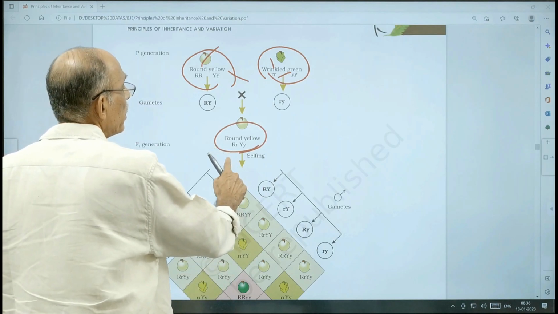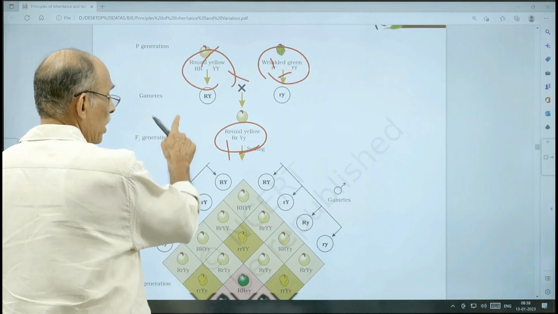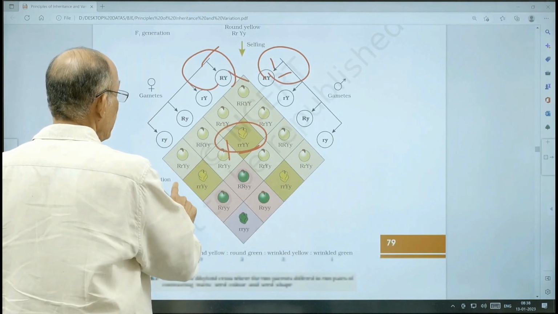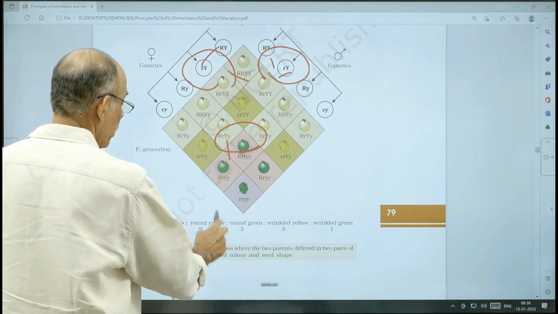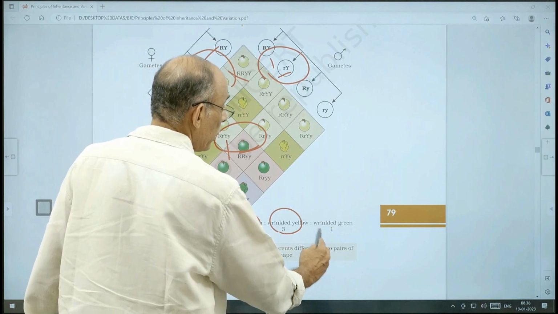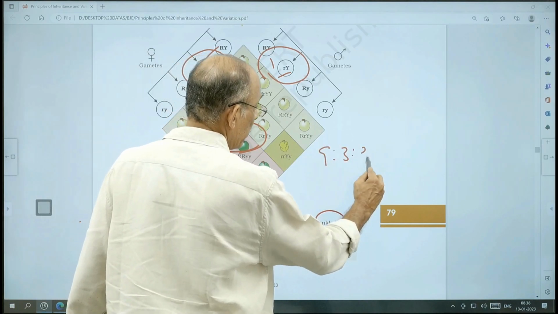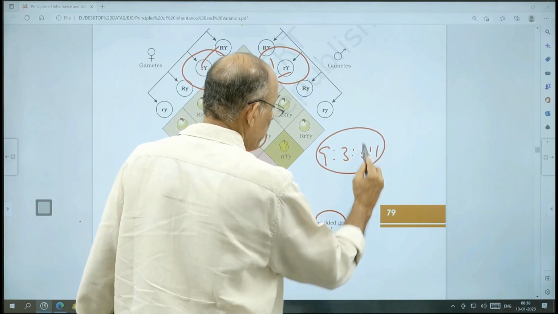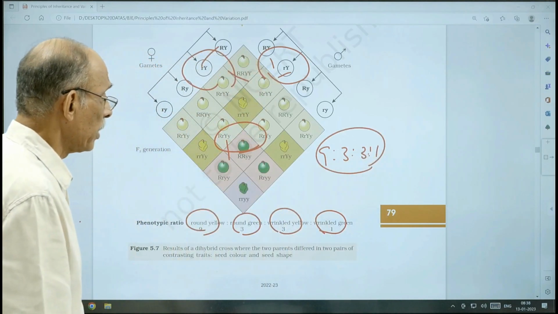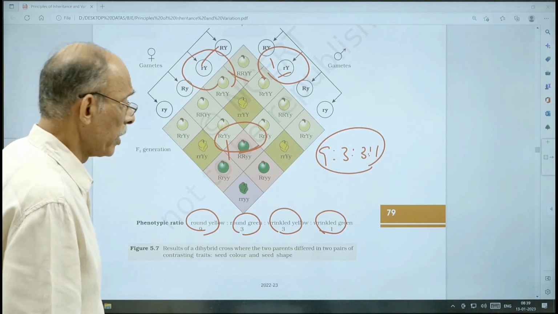When the round yellow plants were allowed to self, Mendel obtained 9 round yellow, 3 round green, 3 wrinkled yellow, and 1 wrinkled green, in the 9:3:3:1 ratio. So this is Mendel's dihybrid phenotypic ratio.